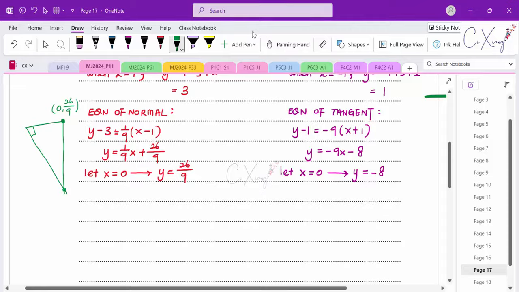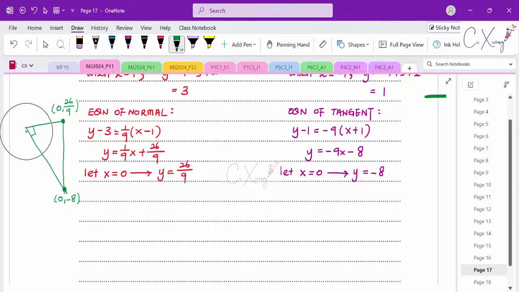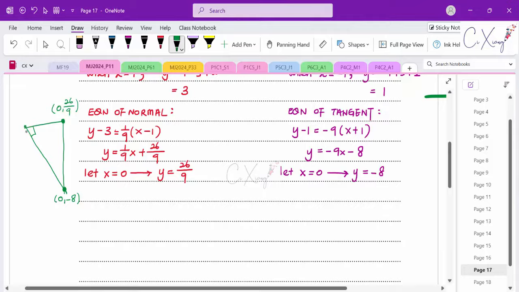Then this particular point is the y-intercept for the tangent graph, so the coordinate is 0 and negative 8. To find the area of the triangle, there are many ways. For me personally, I want to find the intersection point also, so that I can use the length of the base multiplied by the length of the height, divided by 2.